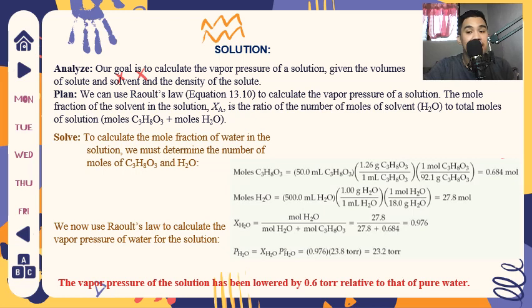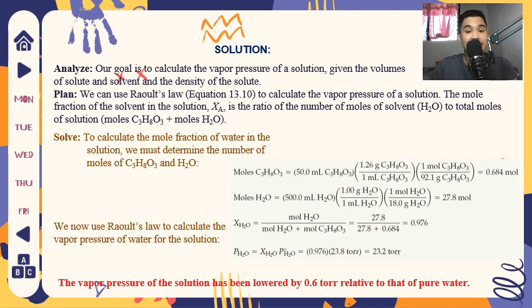Now, let us try to solve. To solve, we need to calculate the mole fraction of water in the solution, and we must determine the number of moles of glycerine and water. To find the moles of glycerine, C3H8O3, we have 50 mL of glycerine times 1.26 grams of glycerine over 1 mL of glycerine times 1 mole of glycerine over 92.1 grams of glycerine, and that yields 0.684 mole.